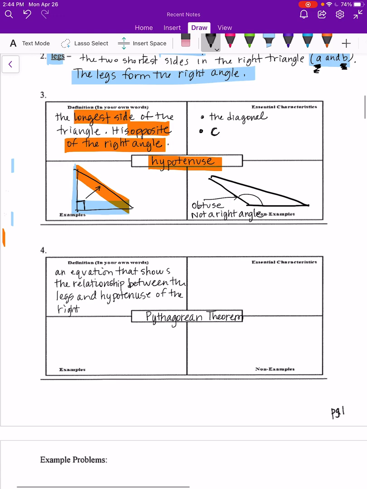So it's going to show the relationship between the legs and the hypotenuse of the right triangle. Remember, it only works for right triangles.